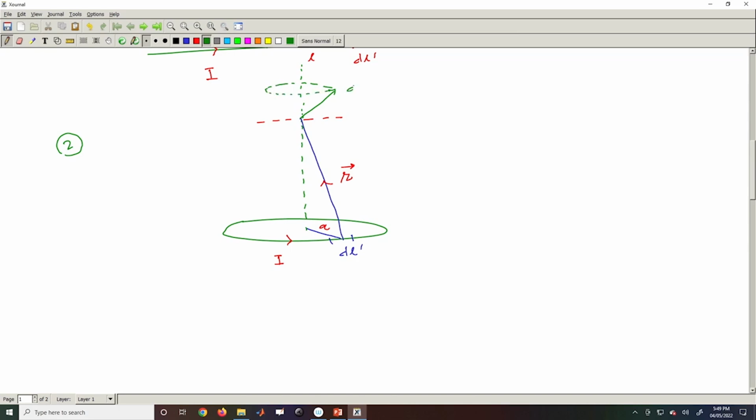This is my dB, and r will be along this direction. This is the unit vector r.